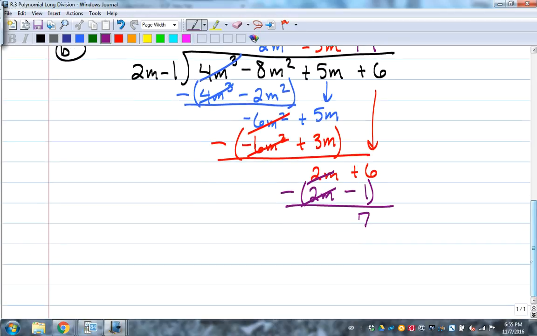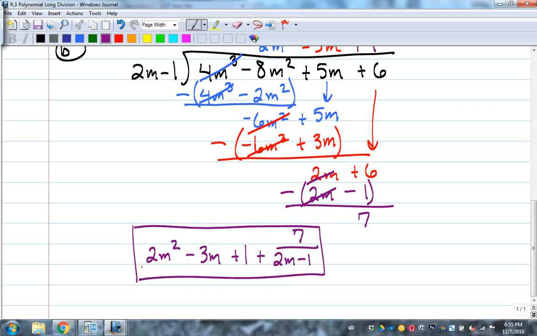So when we write our answer, 2m squared minus 3m plus 1 plus what? Good job. Not bad at all.